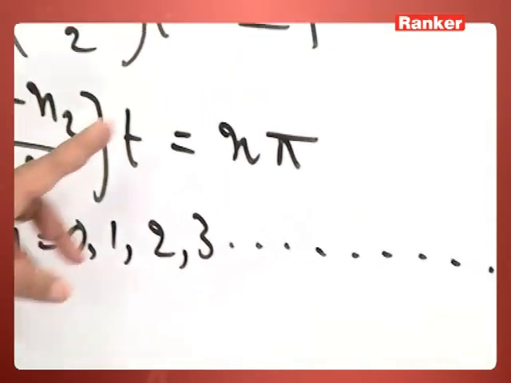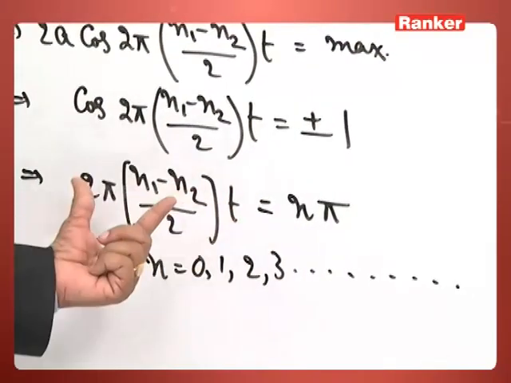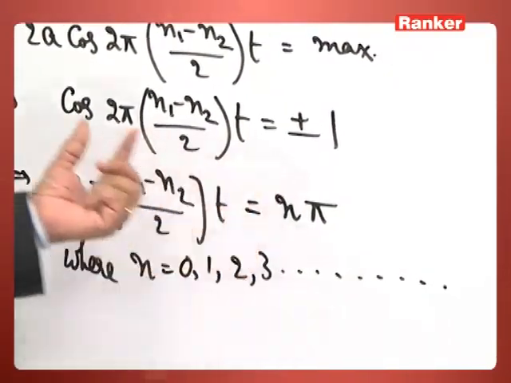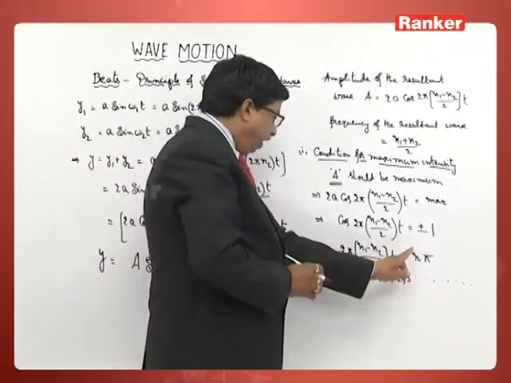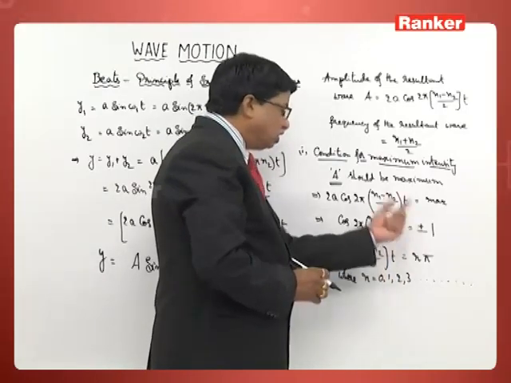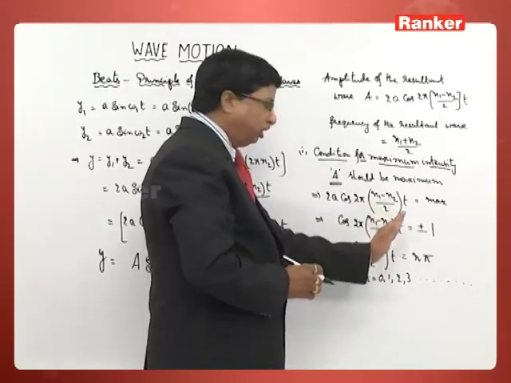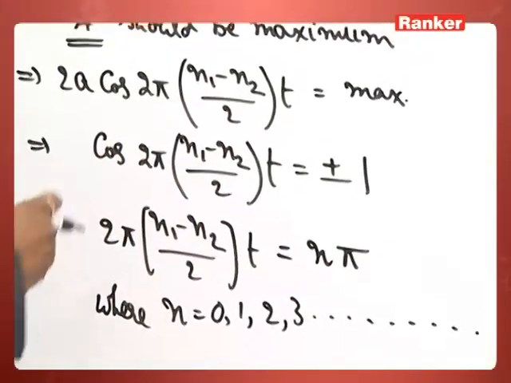When you consider this value is n pi where n is 0, that means the total value will be 0, cos of 0 will be plus 1. If I write n as 1, then this value stands for cos of 180 degrees, that is minus 1. So, what do you find over here?